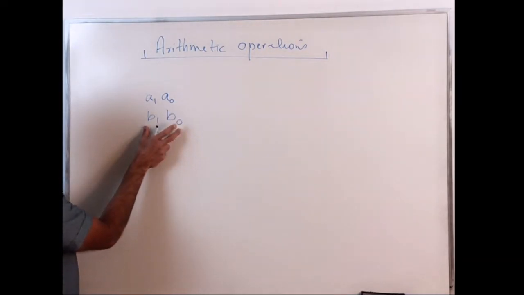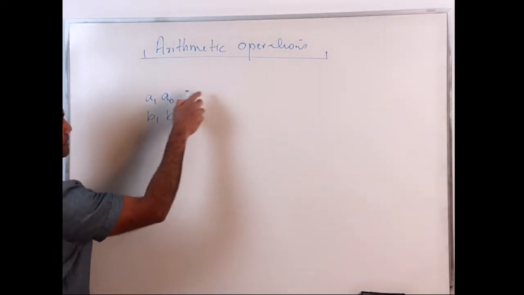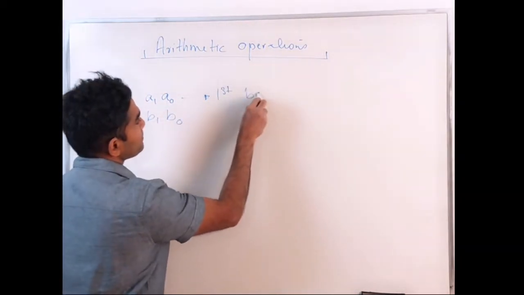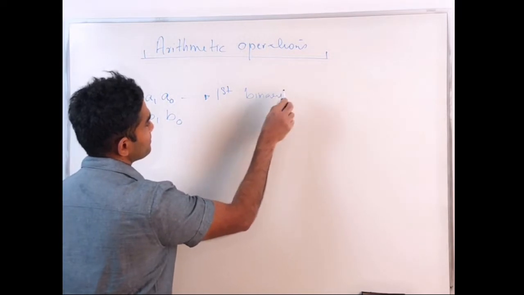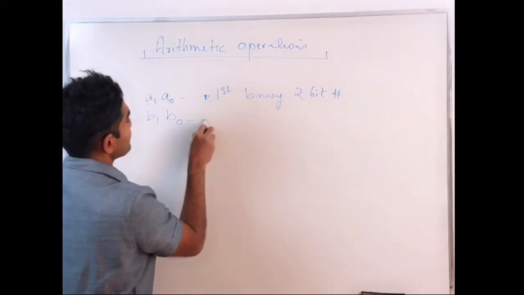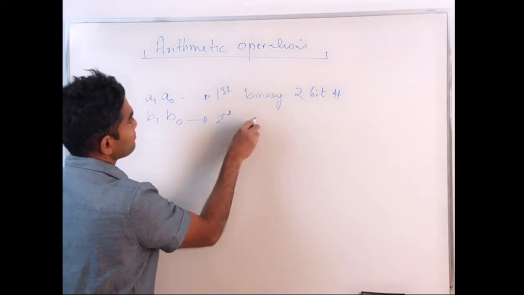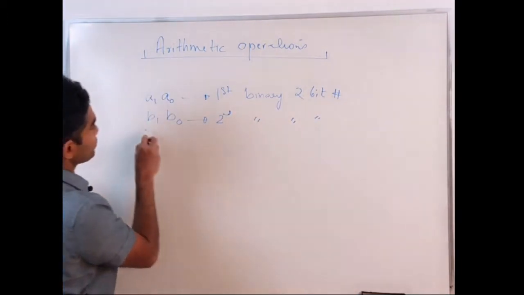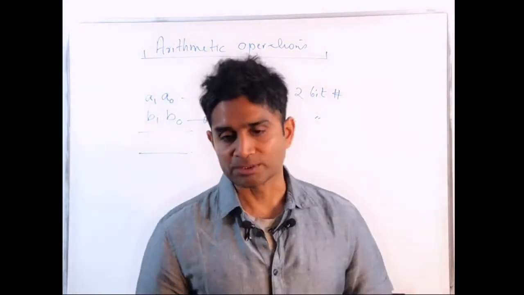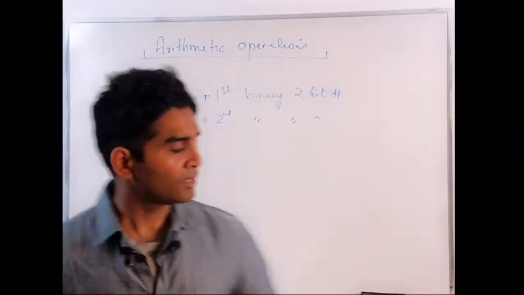This is my first 2-bit binary number, and this is my second 2-bit binary number. I'm trying to add these two together. And let's say I want to design a circuit that can do this. Right? How do we do this?